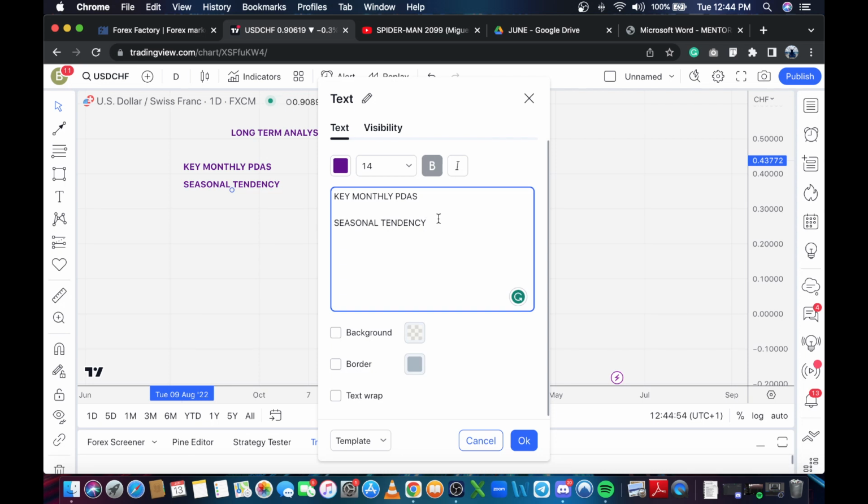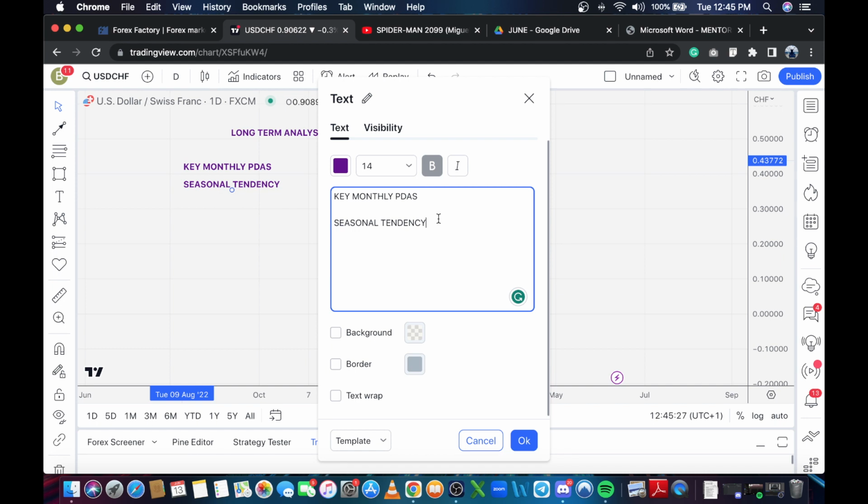Now remember, we don't know why price moves in a specific direction seasonally, but we know that during a specific season of the year, price is more likely to move in a certain direction. That can aid in our understanding of price delivery, because there's something going on fundamentally which you and I don't understand, and we're never going to fully grasp, which causes the market to move in seasons. And that's what seasonal tendency does in aiding our prognostication of price delivery.